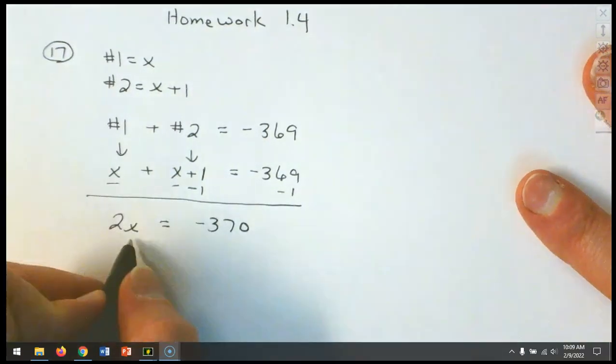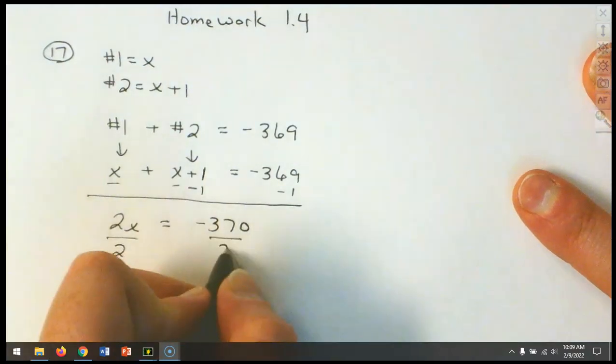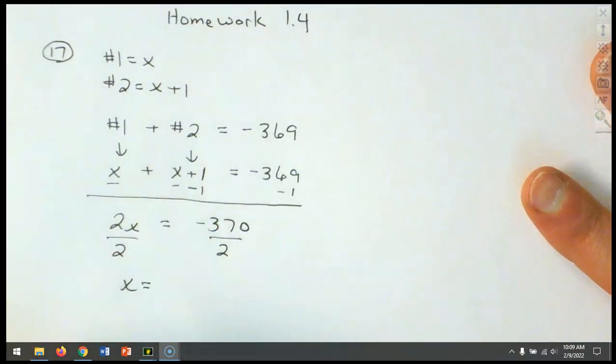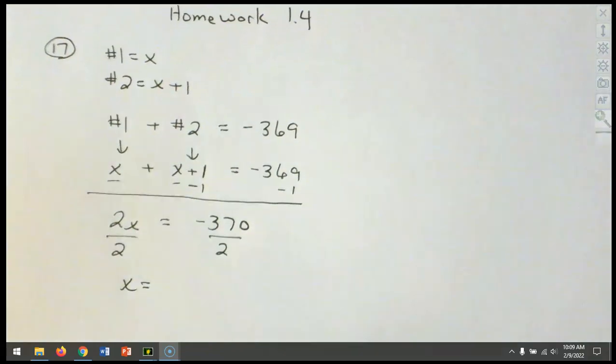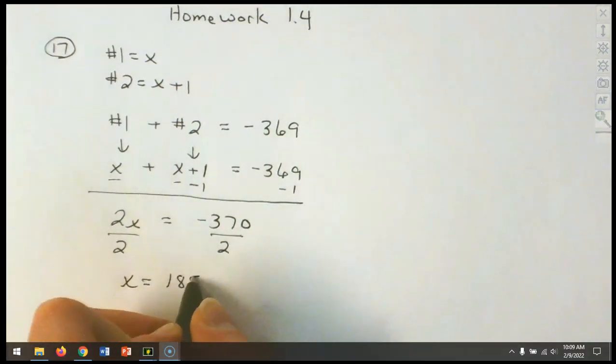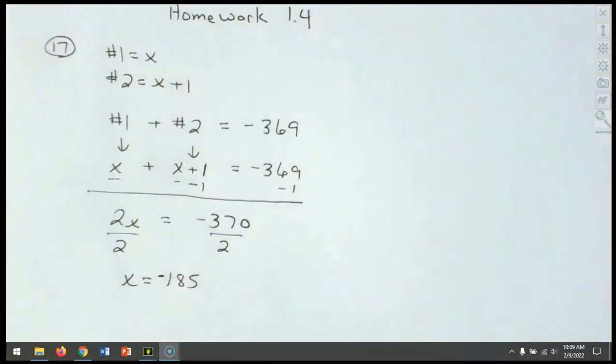Okay, we're going to divide by 2. And that leaves you now with 370 over 2, which is 185, and it's negative, isn't it?